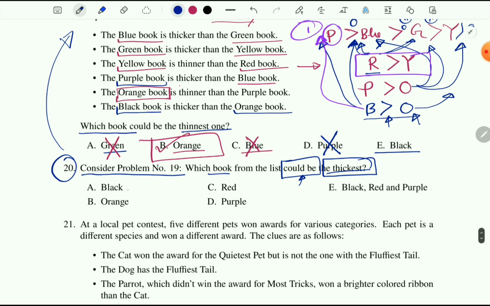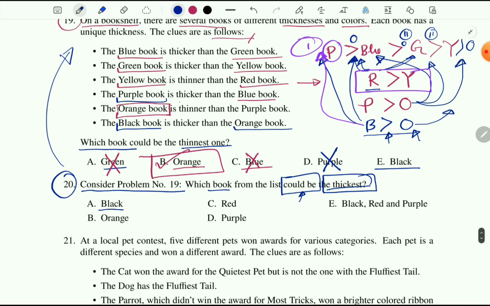So let's check the options one by one. First of all, black. Here, black is thicker than orange as we discussed earlier, but we do not know the relationship between black and the other books: purple, blue and green. Therefore, we can say yes, for some arrangement, black can be the thickest one.